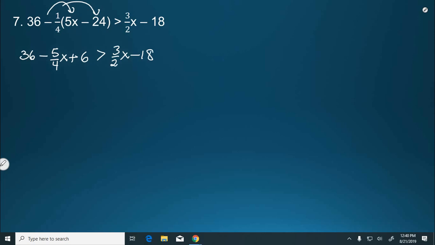All right, I'm going to simplify the left-hand side. 36 plus 6 is 42 minus 5/4 x is greater than 3/2 x minus 18. Now I'm going to do something on purpose just because I want to show you what happens with the negative. I'm going to subtract that 3/2 x. Now if I'm subtracting 3/2 from 5/4, I prefer it to be 6/4.